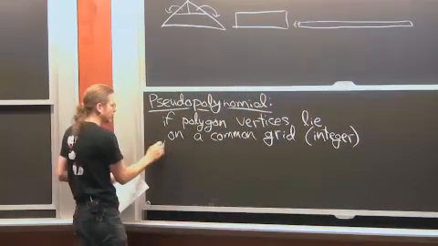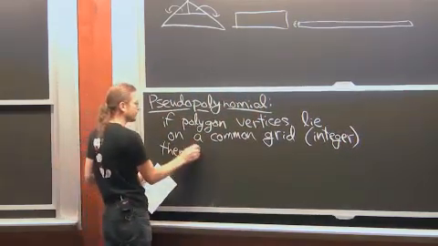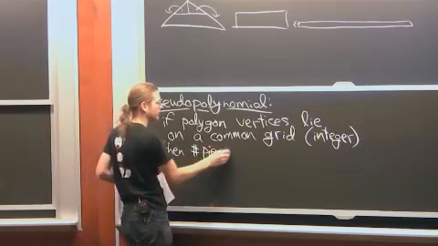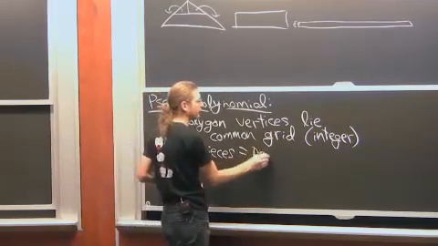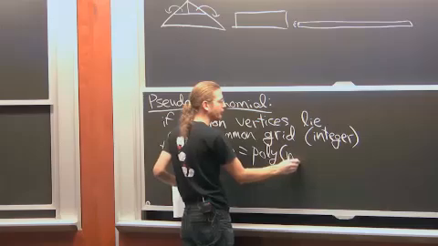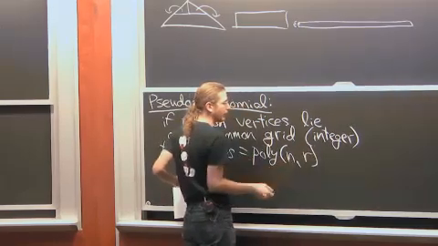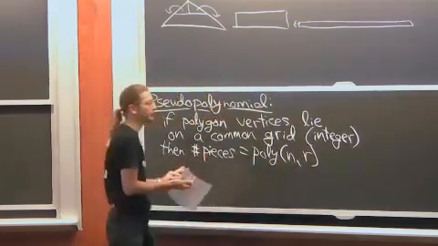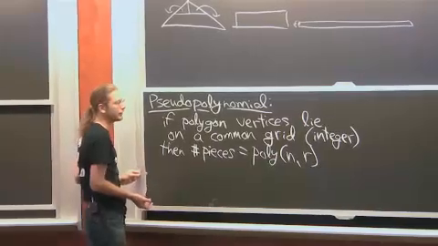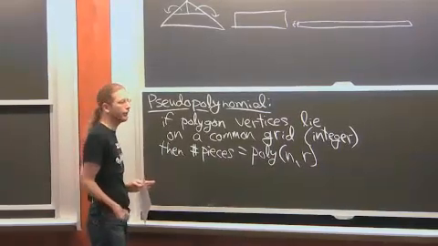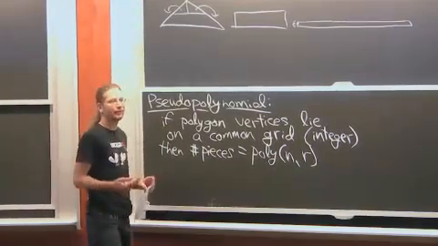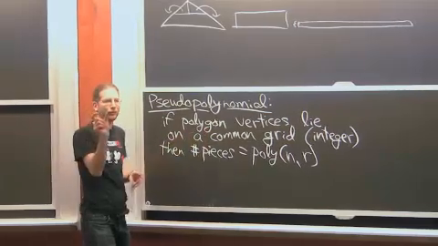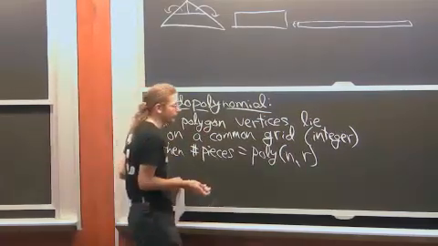And then the claim is the number of pieces is polynomial in the number of vertices n and r. R is usually some ratio of the longest distance to the smallest distance. In this case, r is the grid size. It's like an r by r grid. That's like the size of the overall grid divided by the size of a grid cell. So basically the same thing.